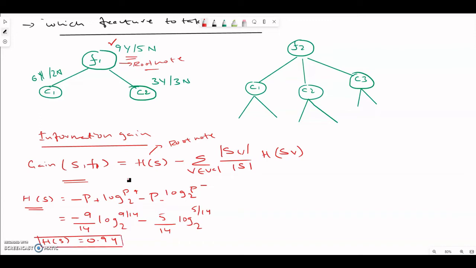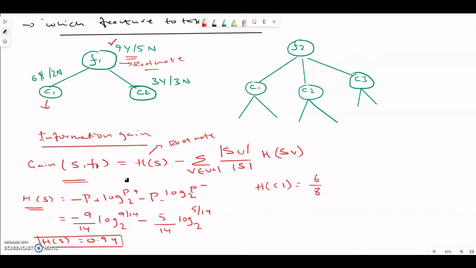Now let us also calculate for the categories here. We have C1 and C2. Let us calculate the entropy for category C1. H of C1 is equal to, here we have a total of 6 plus 2, which is 8.